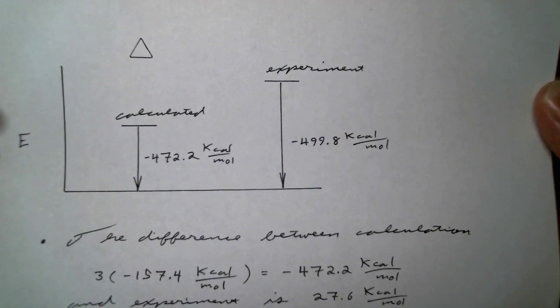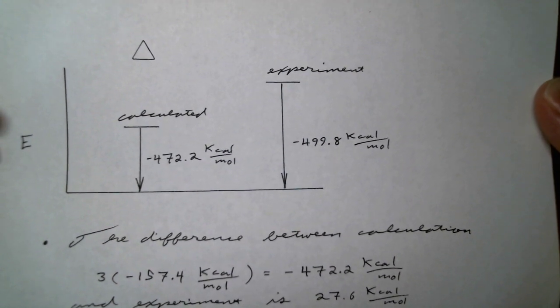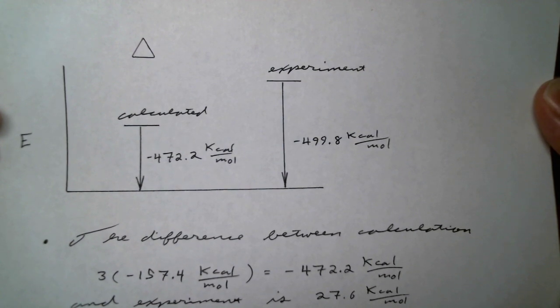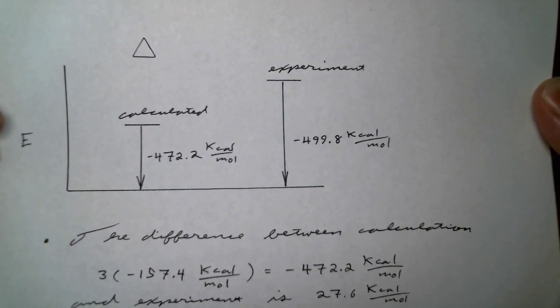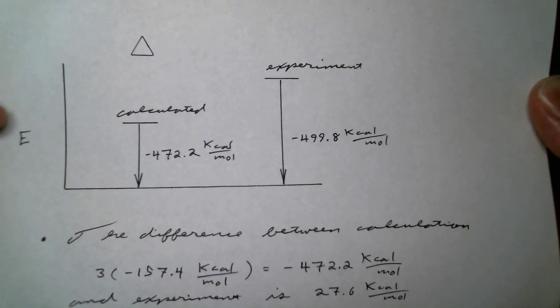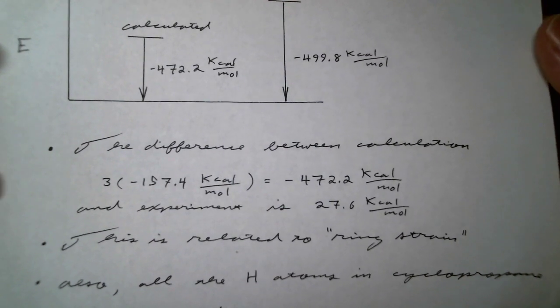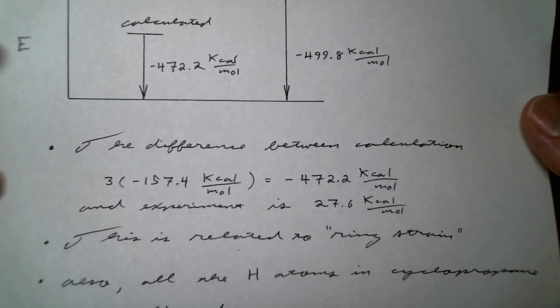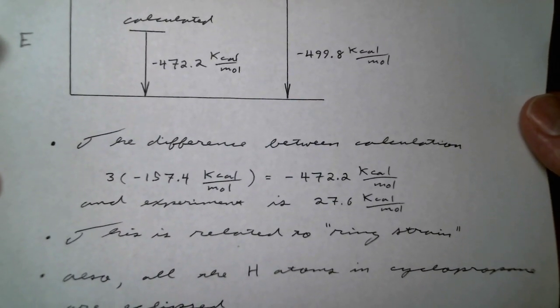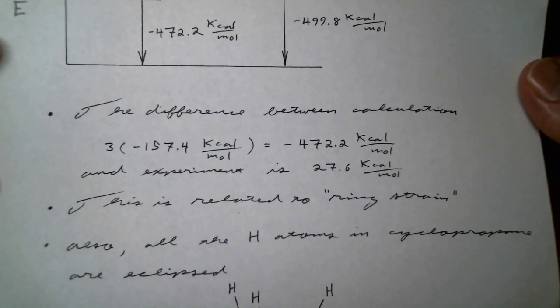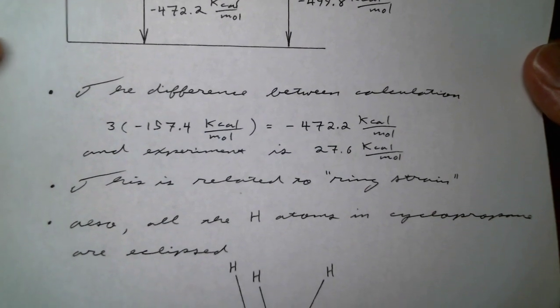We know that carbon in the sp3 hybridization state prefers to have bond angles of 109.5 degrees. So we've significantly compressed that natural bond angle, and like a spring, we've stored energy in that cyclopropane ring. So that's where we get the extra 27.6 kcals per mole energy, because as we burn cyclopropane, the ring opens and it releases that stored energy.